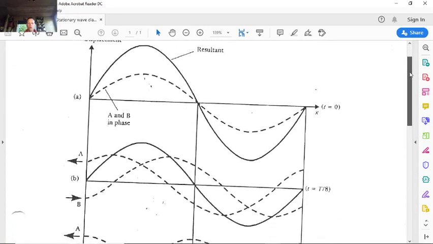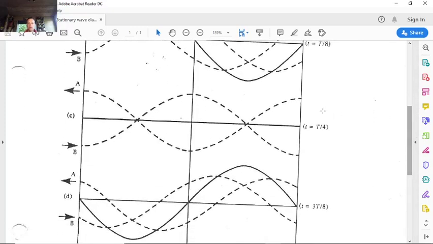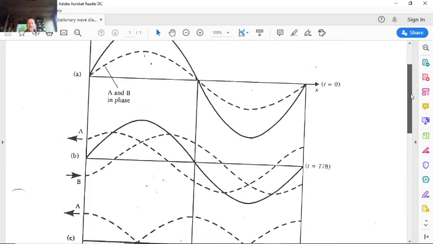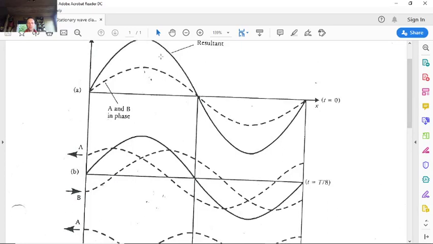Now, to work out how the wave changes, you go to a quarter of a time period. Would it make sense that at a quarter of a time period you've got no disturbance whatsoever? Then, if you go to an eighth, wouldn't this point going up and going down be halfway up, which is going to be this point here, made by this wave going along this way here.